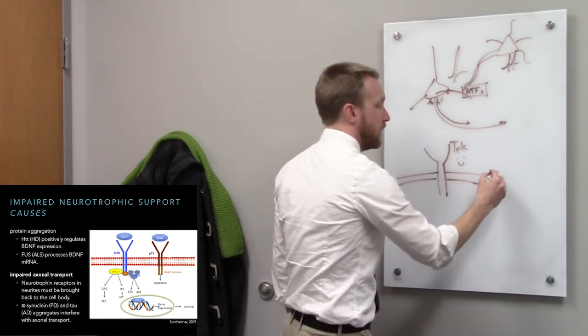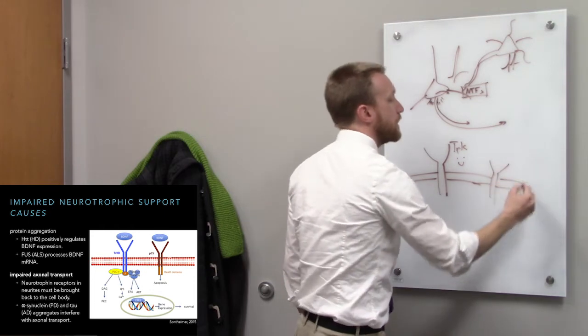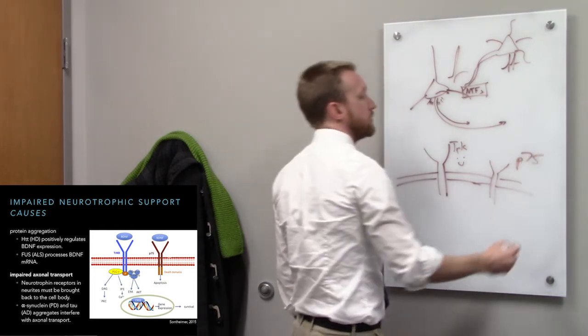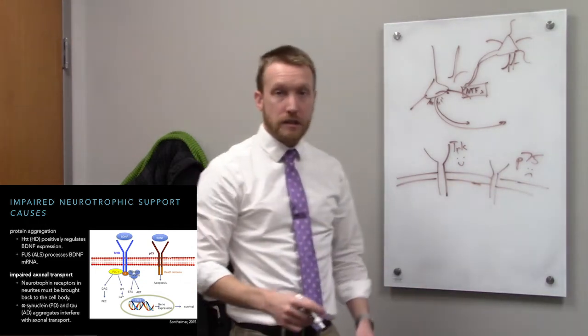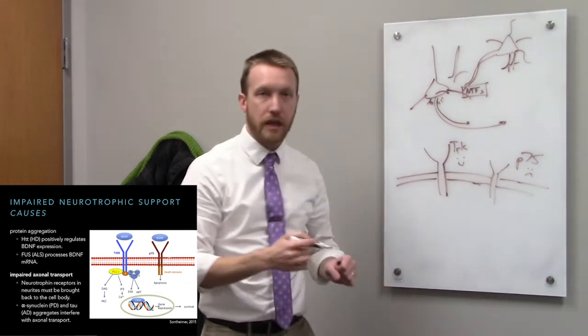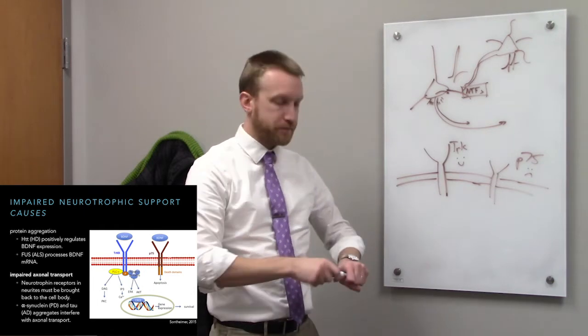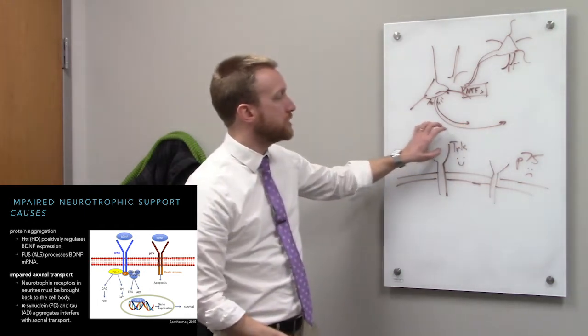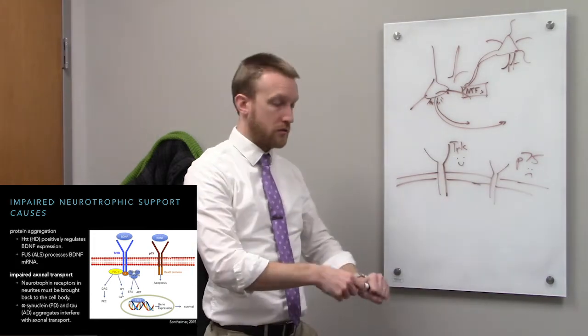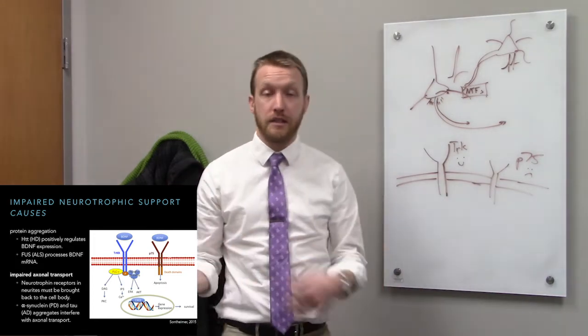These are good. And then we have our p75 neurotrophin receptor, and we generally think of this as bad. This is an okay oversimplification. Of course, it's not perfect. But neurotrophins can bind to both.